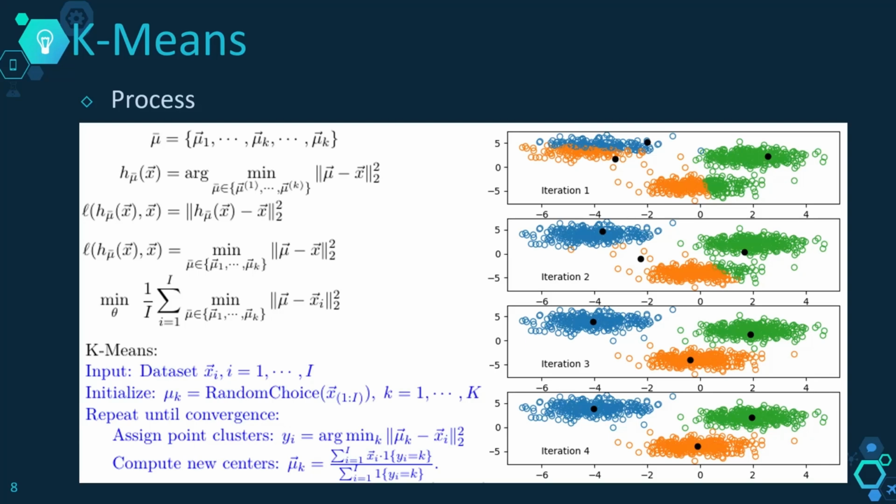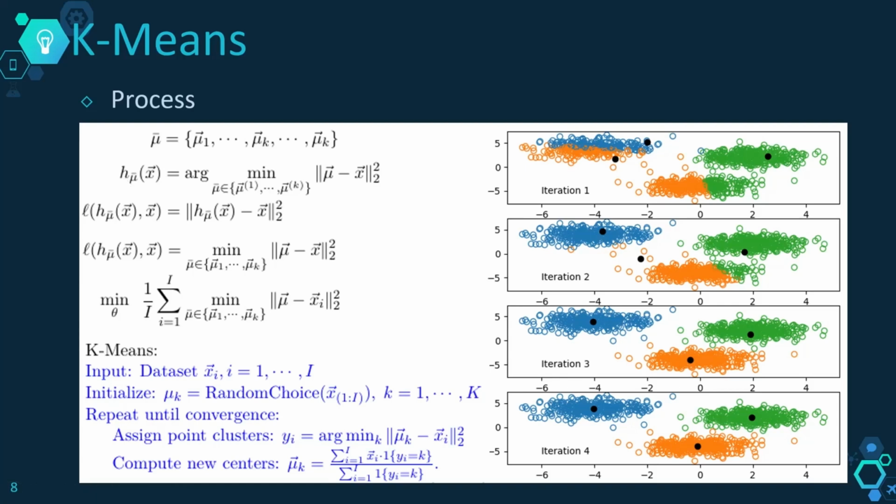Next, let's take a look at that mapping h. We use h parameterized by theta as a function of x. Now the parameters that we need to define the algorithm are mu. So h is the mapping that we define by mu, with x as input and the output also x. What's the meaning of this mapping?